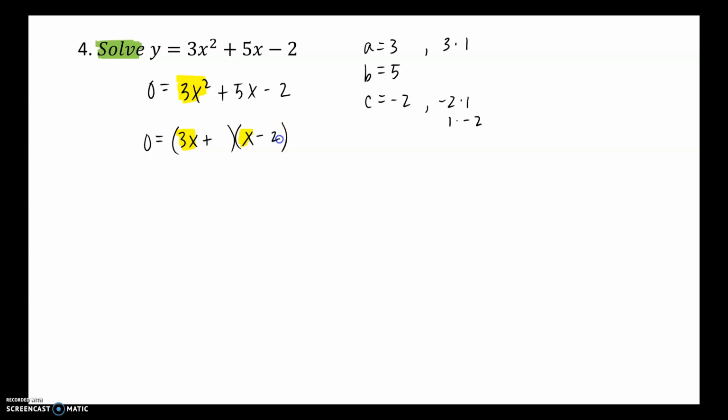I'm going to put my negative 2 here. I'm going to put my positive 1 here. Because I know that negative 2 times 1 gives me my negative 2. So all I have to check are my middle terms. Here I get 1x. Here I get negative 6x.